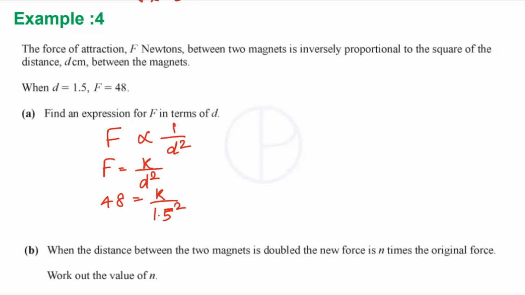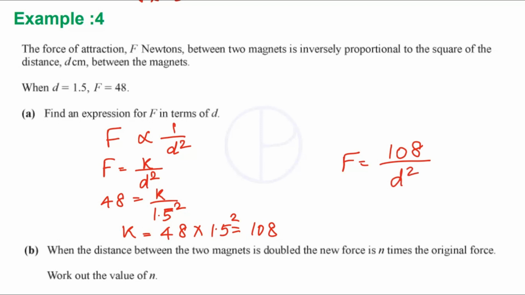So what is k? k is 48 multiplied by 1.5 square, which is equal to 108. So F is equal to 108 divided by d square.